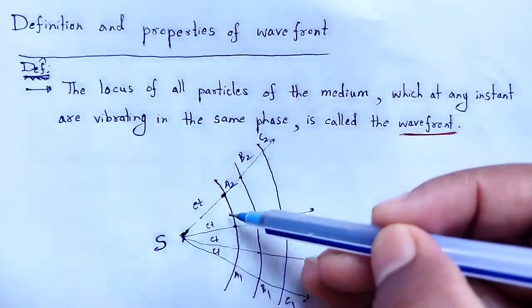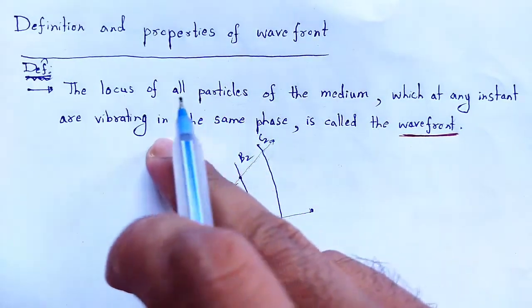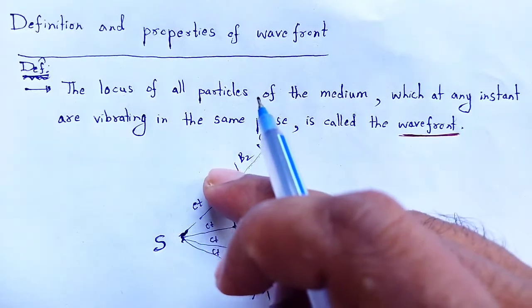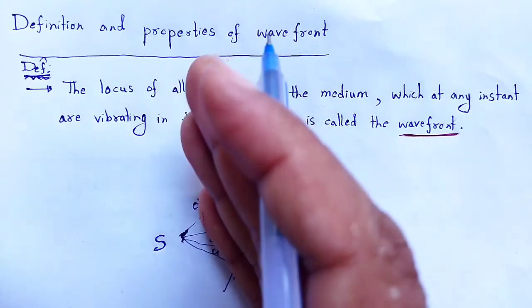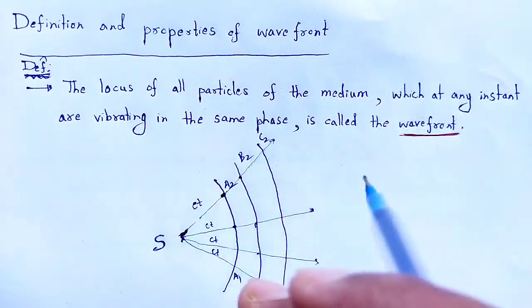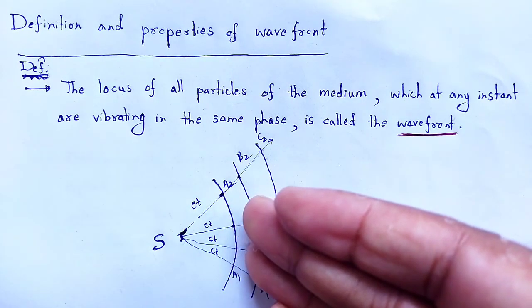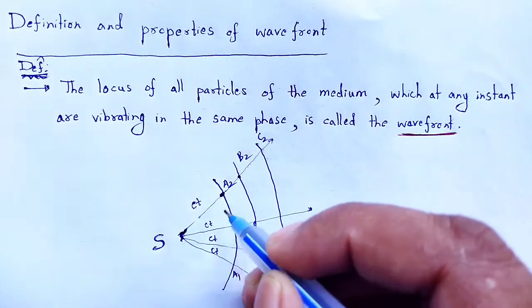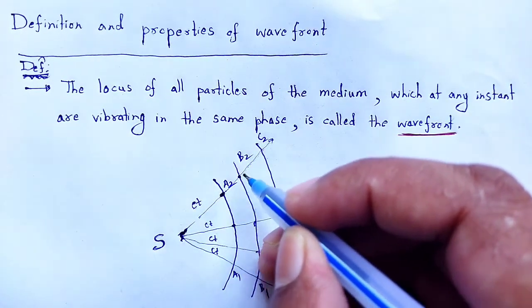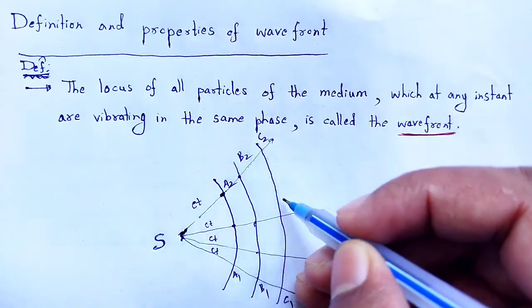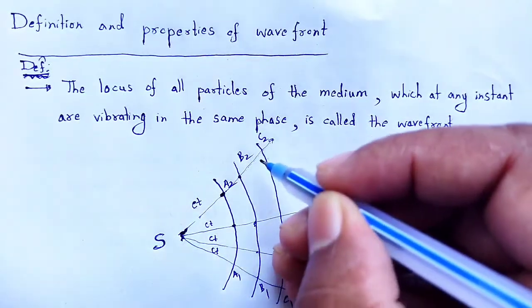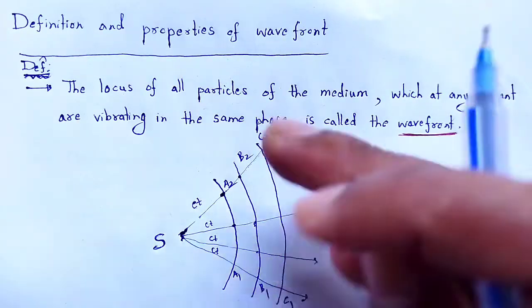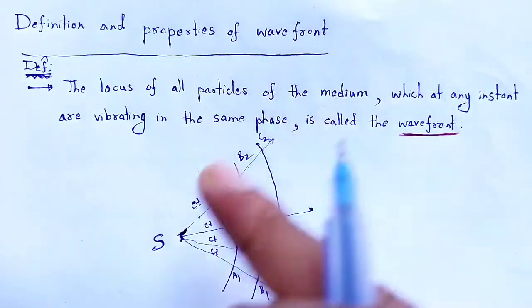Now, the surface of the sphere, we take ct as radius, draw a sphere. So, this line represents the surface of the sphere. Imagine it in 3 dimensions. The surface of the sphere at a particular instant t, and at an instant t dash, again at a particular instant we get the surface of a sphere that represents the wavefront at that instant.